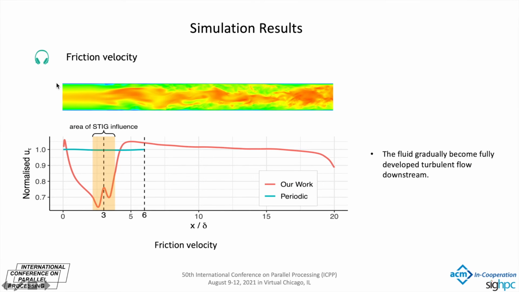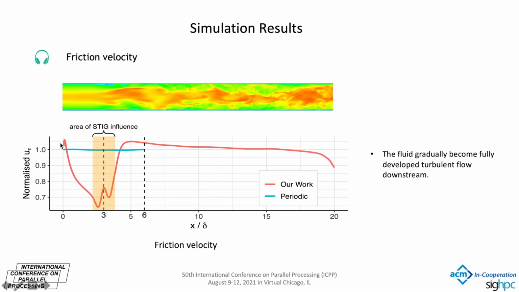Then we use the friction velocity to measure if the fluid became a fully developed turbulent flow. The friction velocity is a very important quantity to see if your fluid has become a fully developed turbulent flow.